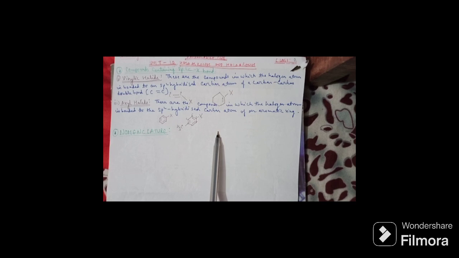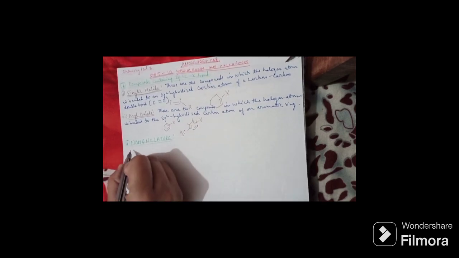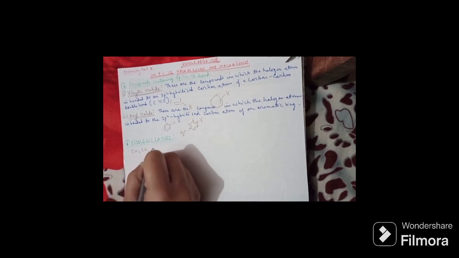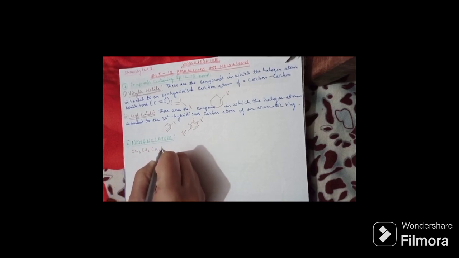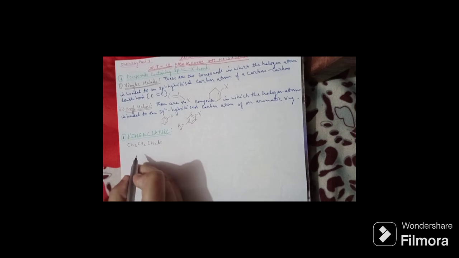First we'll discuss the common name with their structures and with their IUPAC name. So first we go for the structures. The first structure we have is CH3CH2CH2Br. It is the halide. This is the structure here.